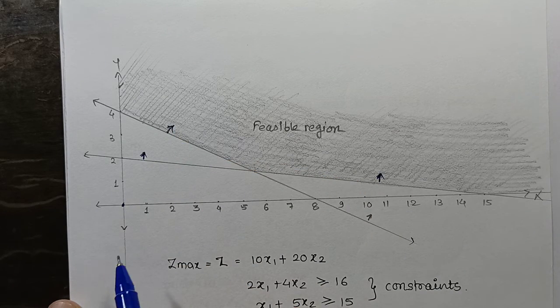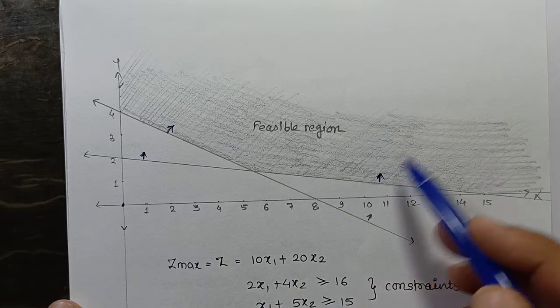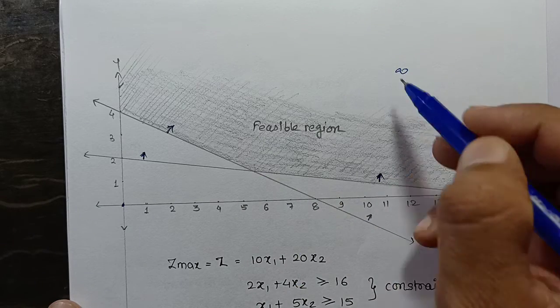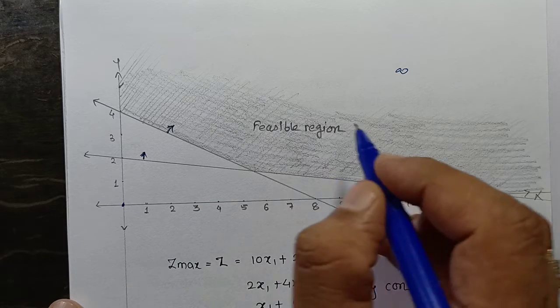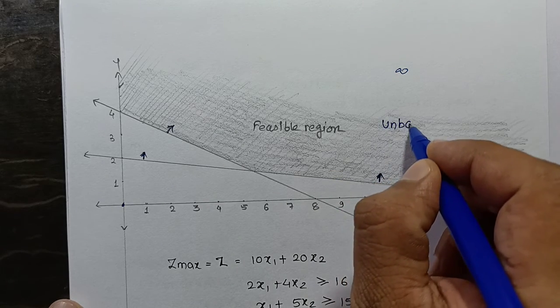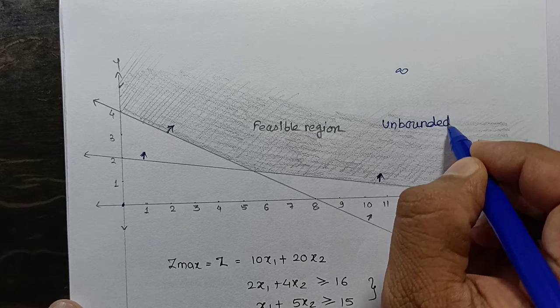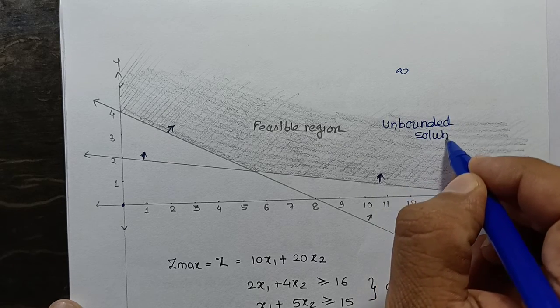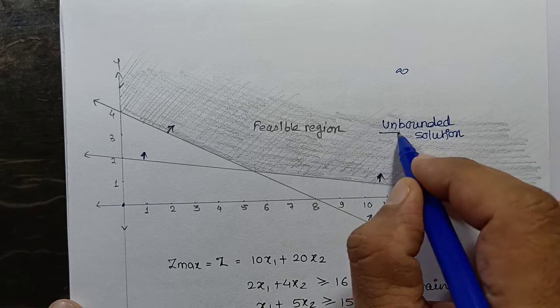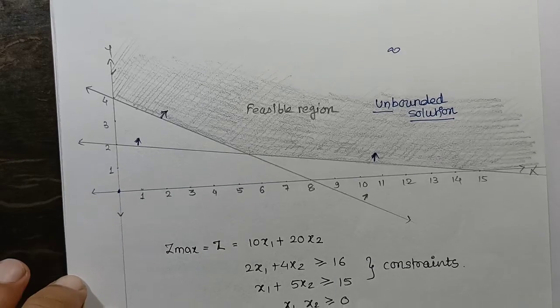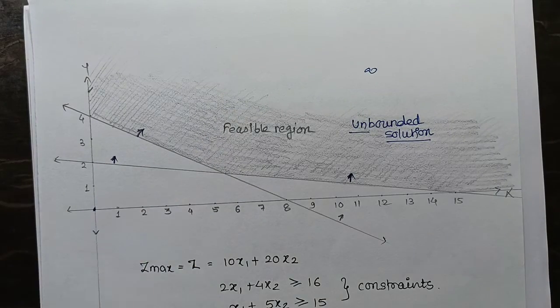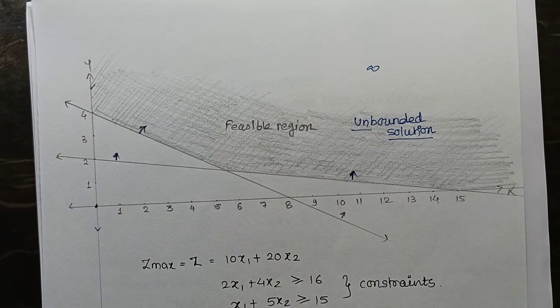This is my origin, so I have to go to infinity to find the solution, which is not possible. Hence this kind of problem should be written as unbounded solutions. So this is a special case of linear problems with graphical method where you get an unbounded solution to the given situation.